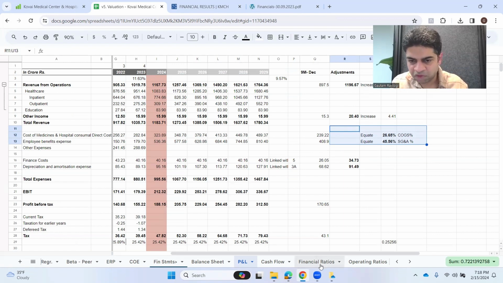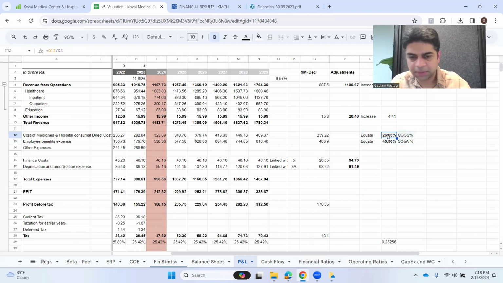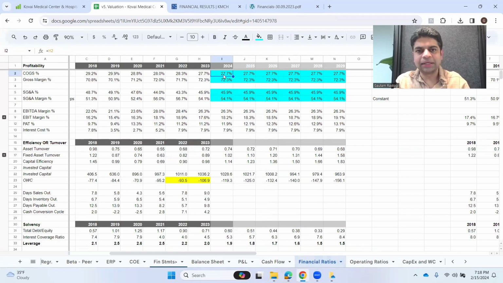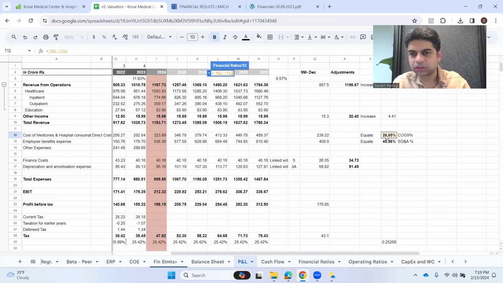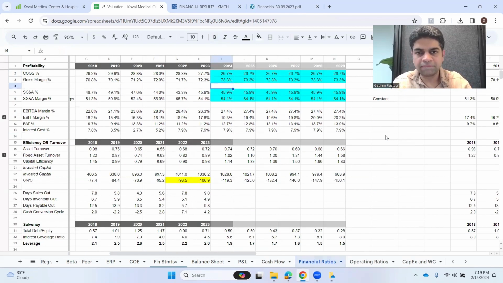So let's go to financial ratio. Let me copy this and paste it here. COGS, and then this is SG&A.